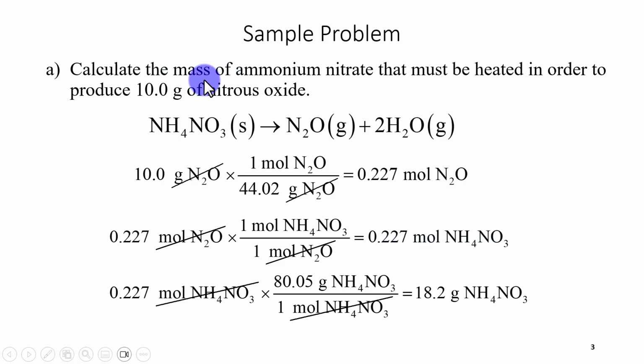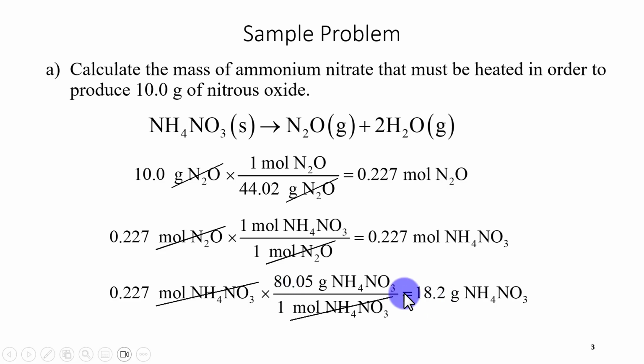However, it's asking me to calculate the mass, not the moles, of ammonium nitrate. So I have one more step. I can take the 0.227 moles of ammonium nitrate that I just calculated and convert to grams by using the molar mass of ammonium nitrate, which is approximately 80.05 grams. Add up the 2 nitrogens plus 3 oxygens plus 4 hydrogens to give you approximately that.